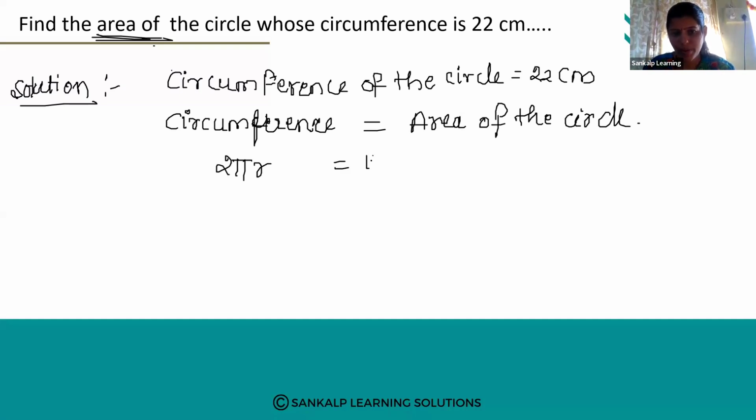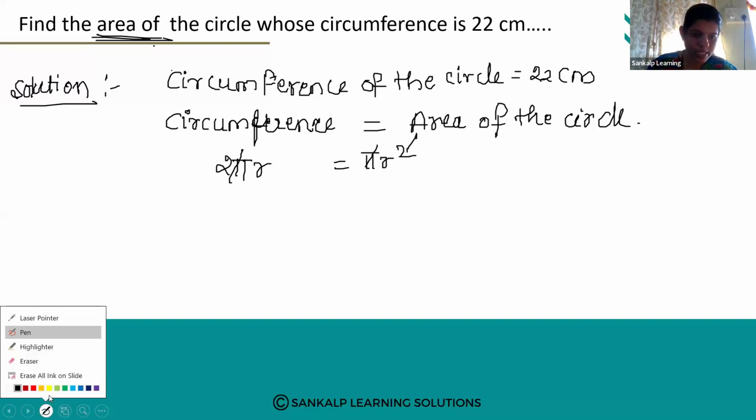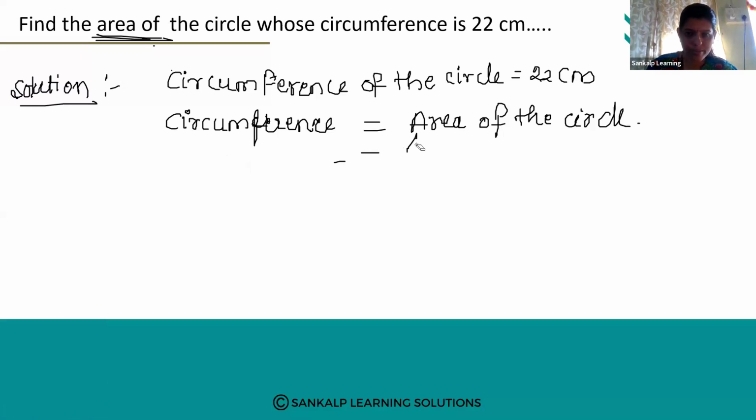Area is pi r square. So 2 pi r is equal to 22.